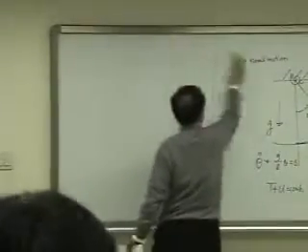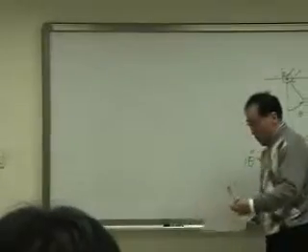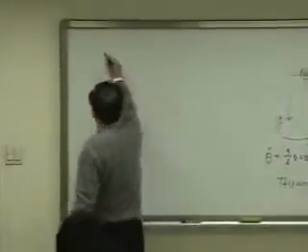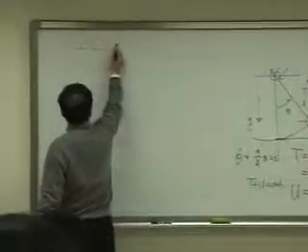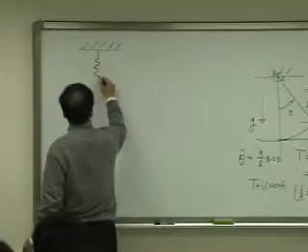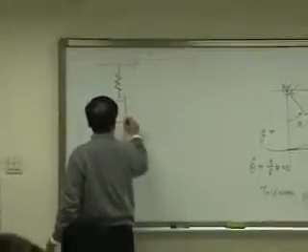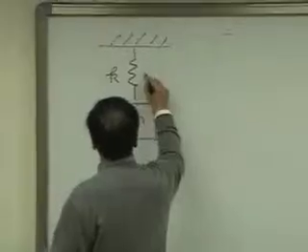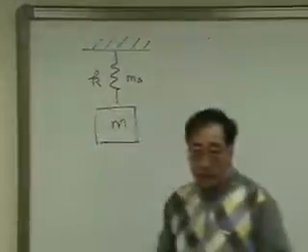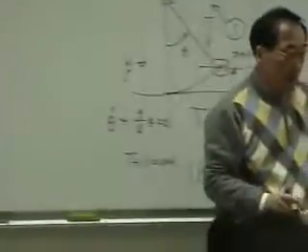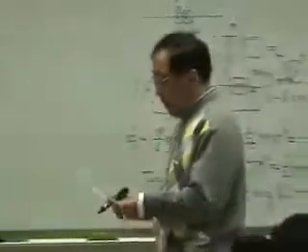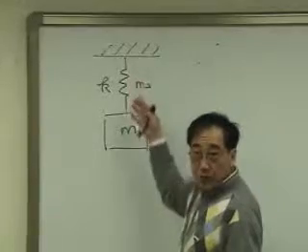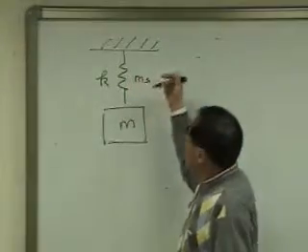In the text, there is the derivation that associates with the spring mass system, but this spring has mass. Okay? And this spring will move. Right?